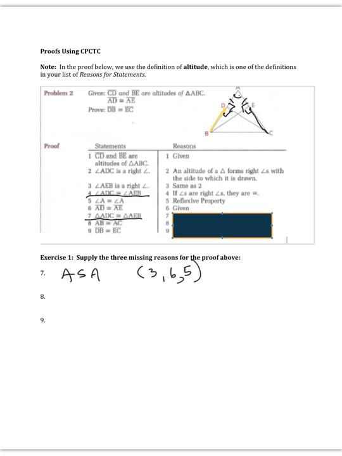Okay, once we had these triangles congruent, now we can say that AB, this long side here, and AC are congruent, and that would be by CPCTC, because those are corresponding parts of congruent triangles.